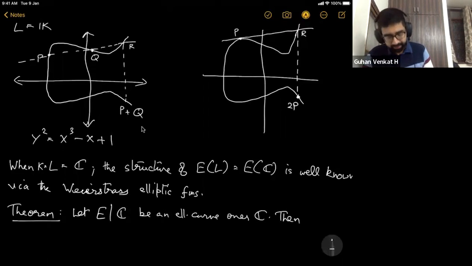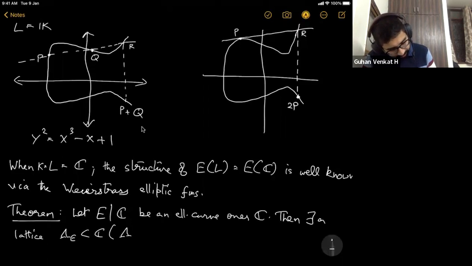Then what we know is that there exists a lattice. Let me call this lattice Lambda E. So Lambda E is isomorphic to two copies of the integers.